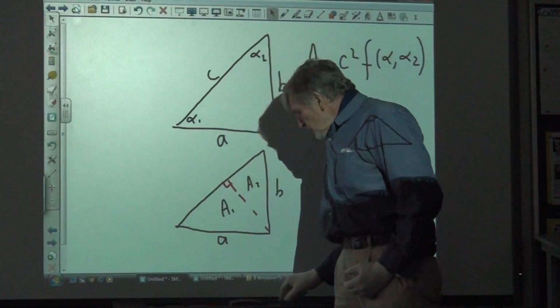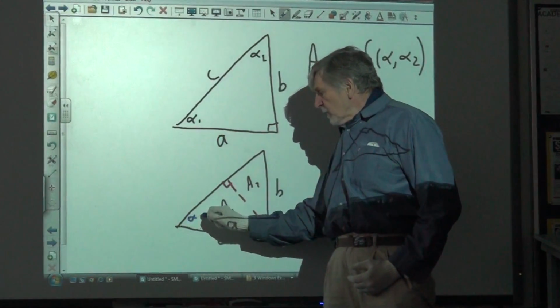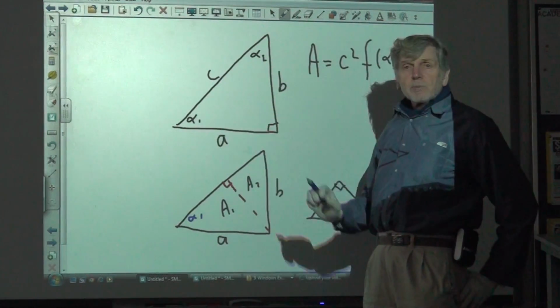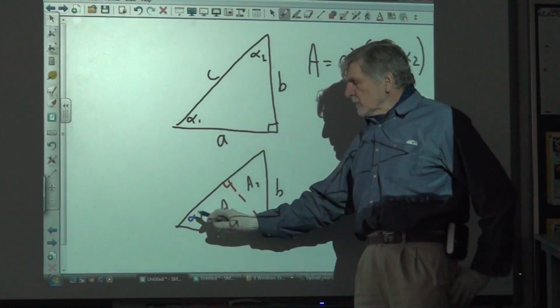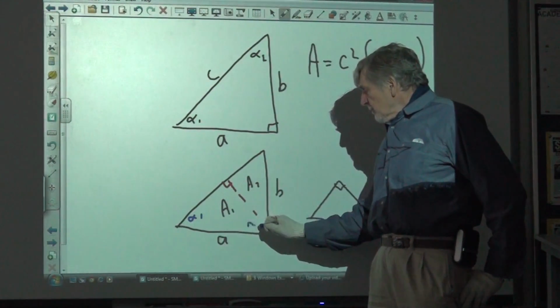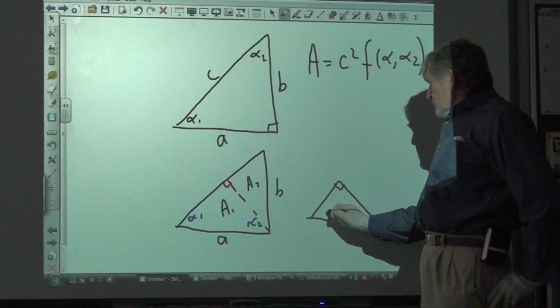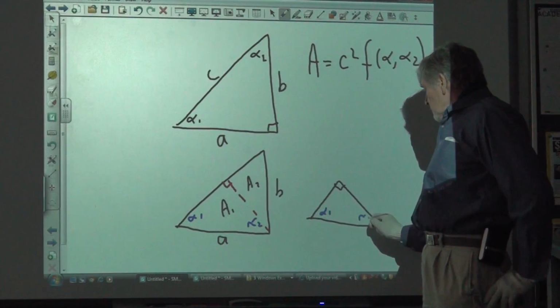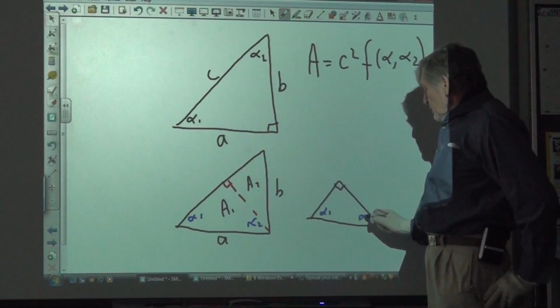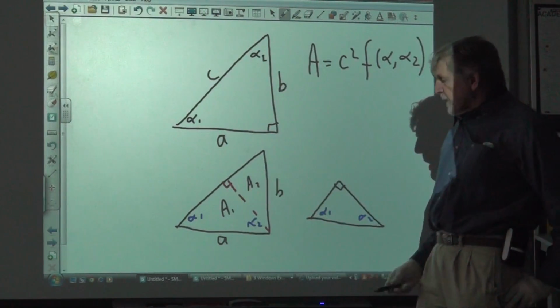you notice that this angle being alpha 1, alpha 2 is the complement of alpha 1. This angle is the complement of alpha 1, therefore it is alpha 2. So these two angles are alpha 1 and alpha 2, and this triangle is similar to the large triangle.